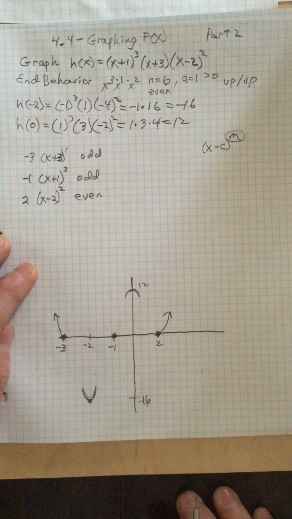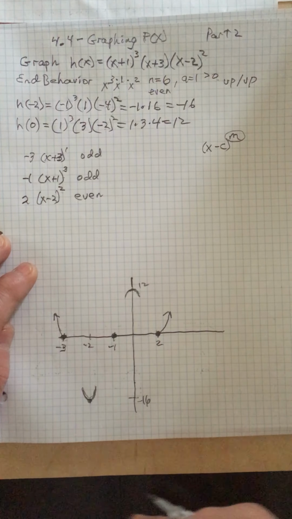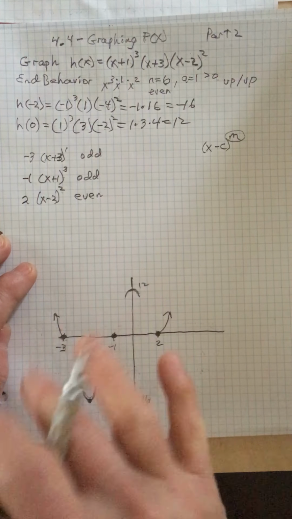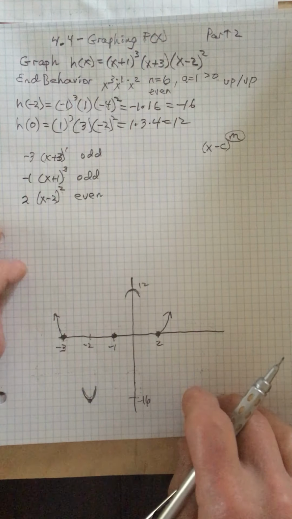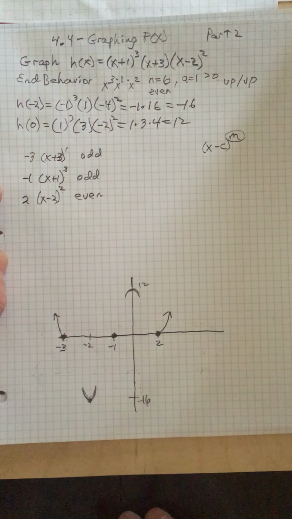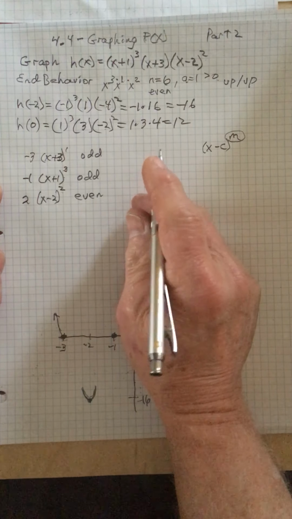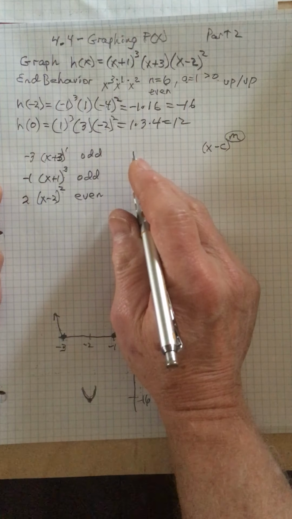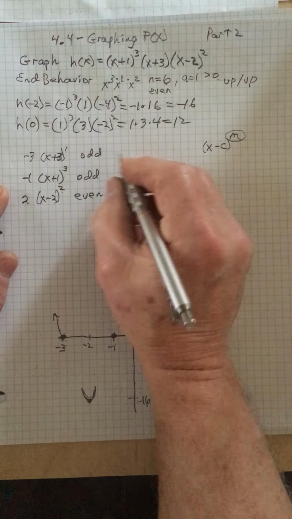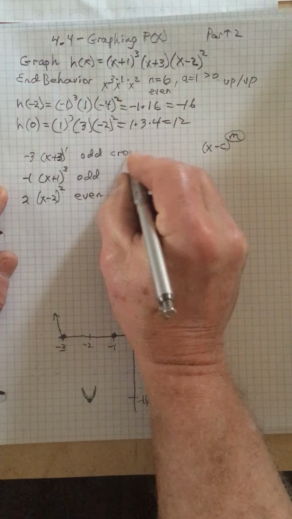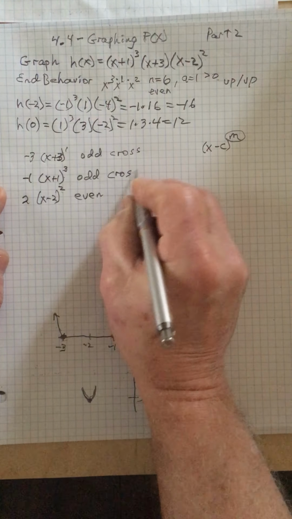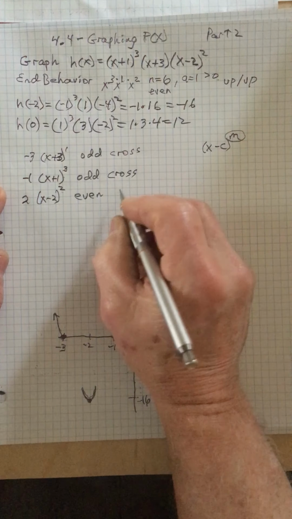Then we want to look at the size of m. As m starts getting bigger than 1, or in the case of an even, bigger than 2, we start to flatten out as we either go through or bounce off the x-axis. If you remember, when m is odd, we're going to cross it. So here we're going to cross, and here we're going to cross. When m is even, we're going to bounce.